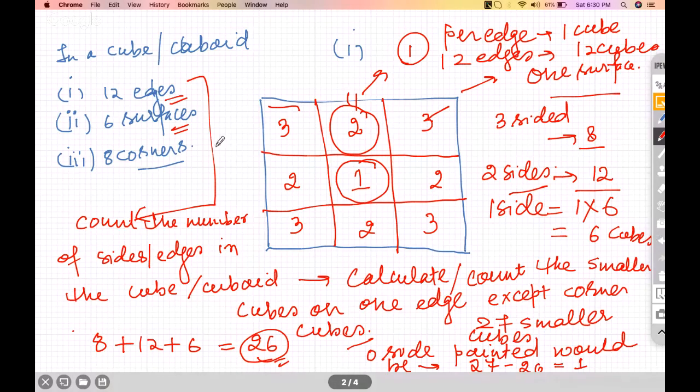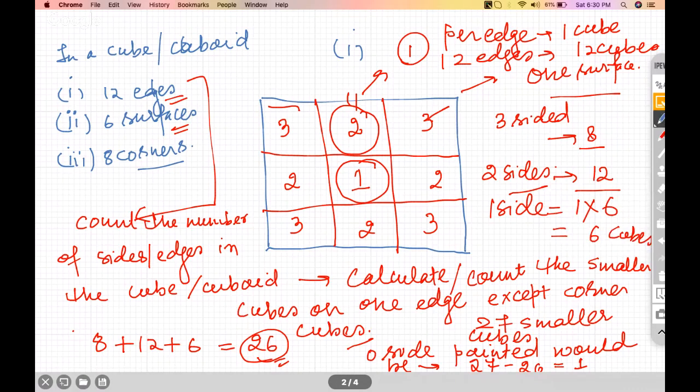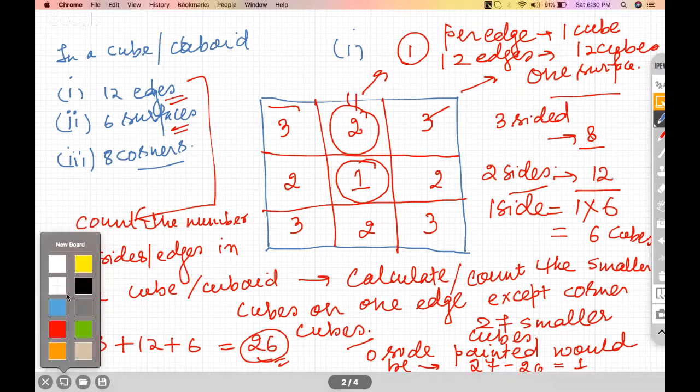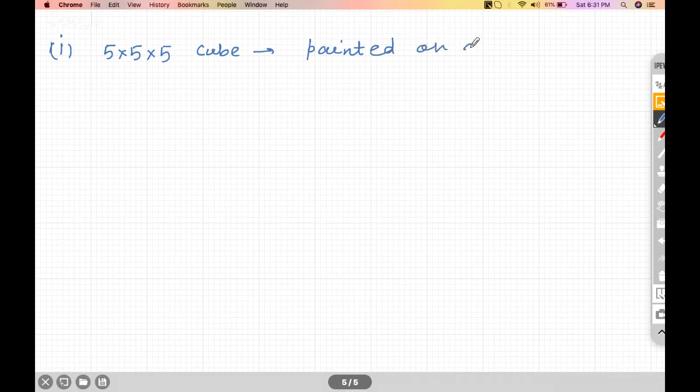Okay, I hope you have written this. I'm giving you another question. The question is, I have a 5 into 5 into 5 cube painted on all 6 surfaces.